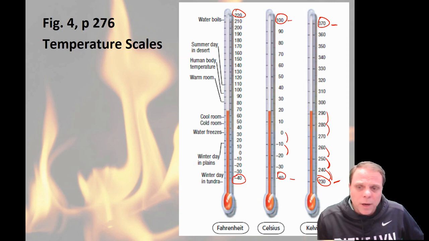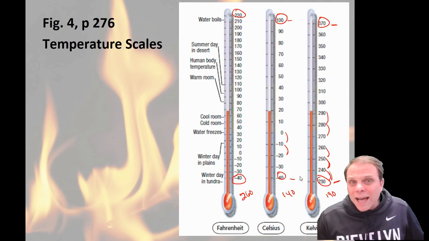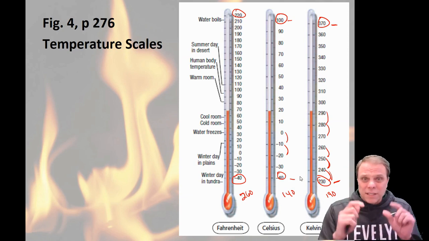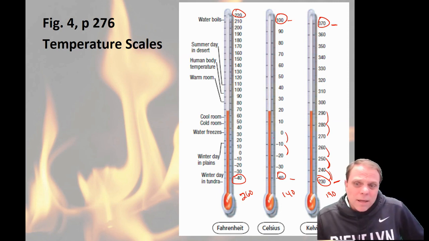We've gone from 220 all the way to negative 40. So we've gotten a difference of 260 degrees on this scale versus having the 140 and the 140 on these scales. Basically what that means is that the size of a Celsius or a Kelvin degree is bigger than the size of a Fahrenheit degree.